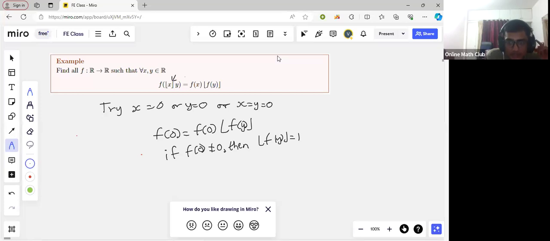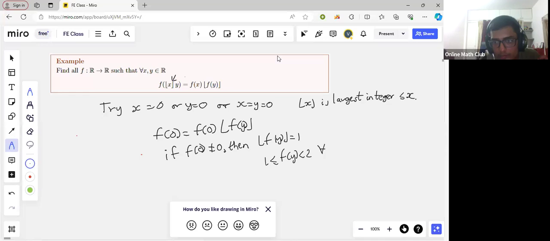Also, this function is just the integer part function: floor of x is the largest integer at most x. So this means 1 is at most f of y, less than 2, for all y. Or f of 0 is equal to 0.